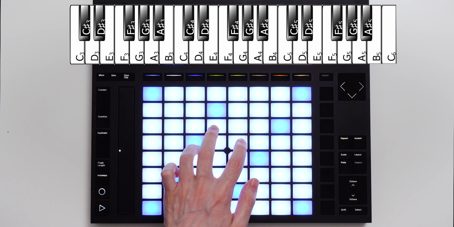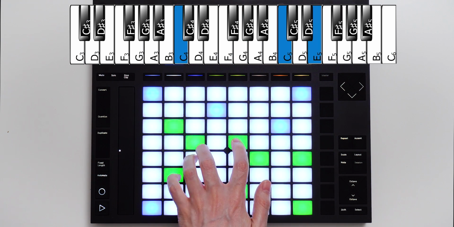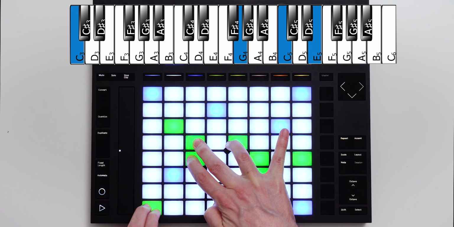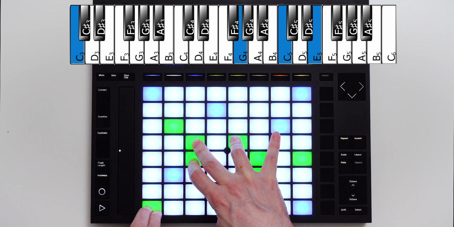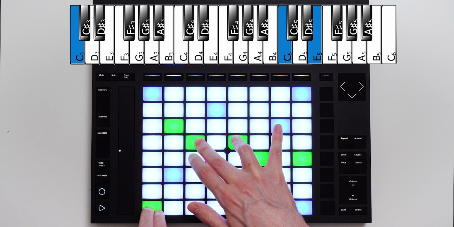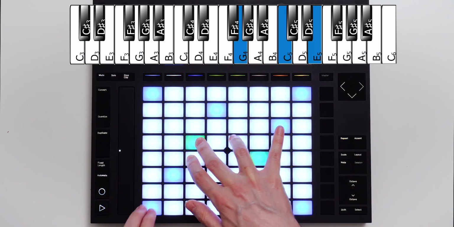So what pianists do, if you see pianists play, maybe they play the root down here, maybe like this, because, well, I guess to reinforce the bass, because the bass note is down here. It's not C.